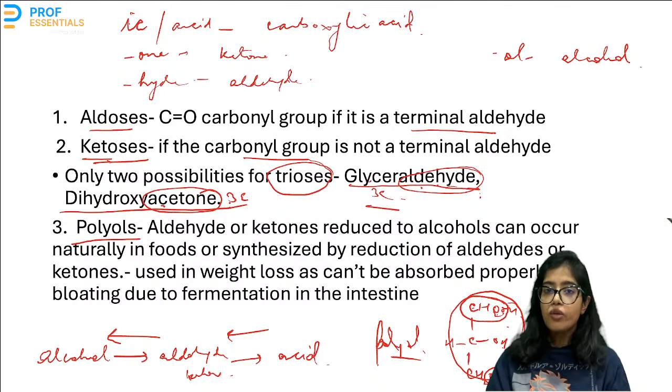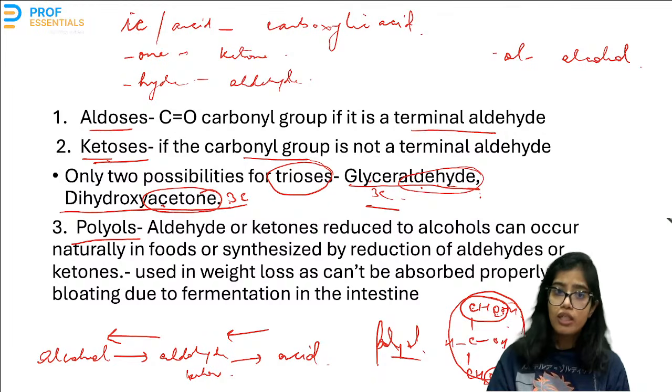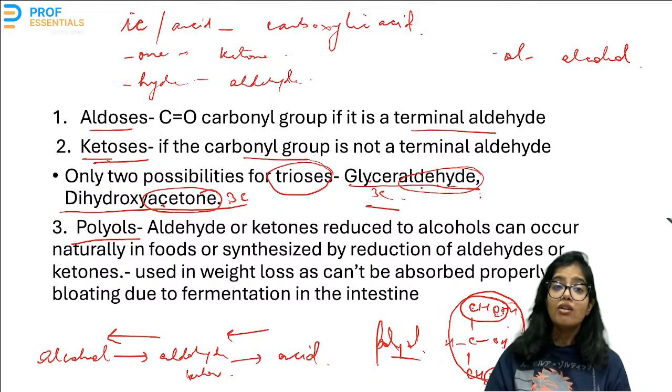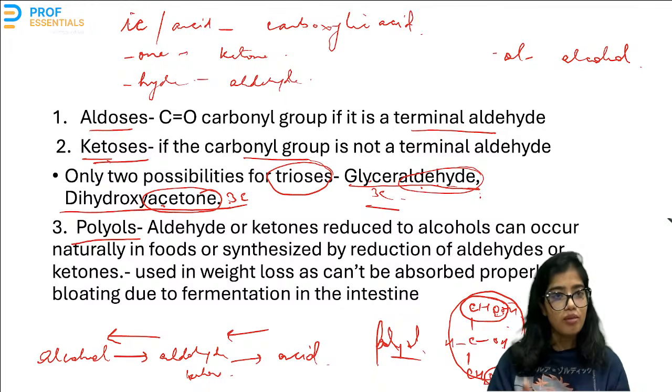So the aldehydes or ketones reduced to alcohols are present in compounds called polyols. Polyols can naturally occur in foods, or they can be artificially synthesized by reducing the aldehydes or ketones of the saccharides. Now these polyols cannot be absorbed after digestion, because we don't have the proper absorbing mechanism.